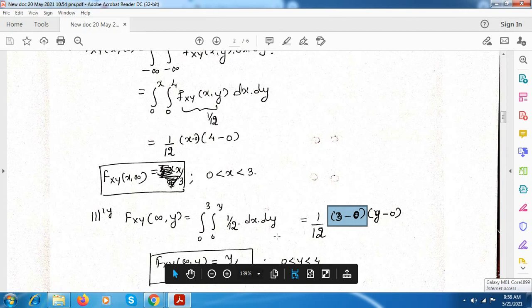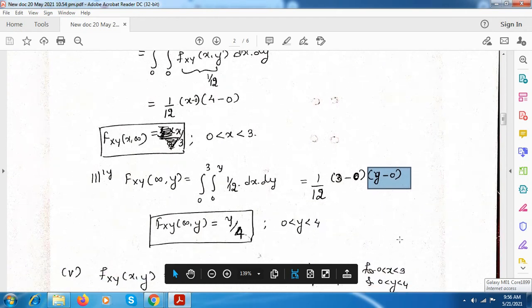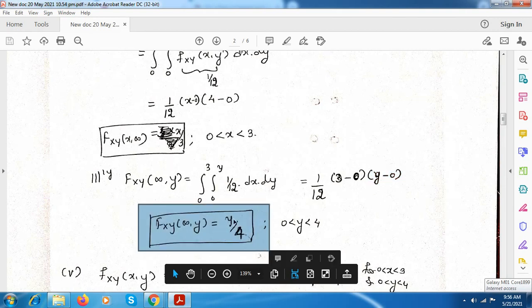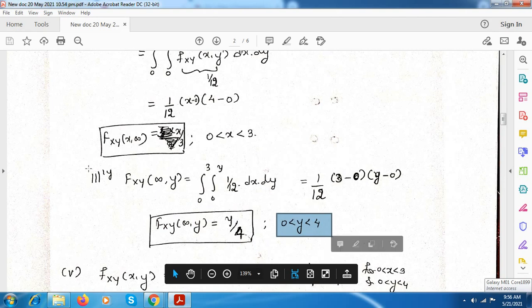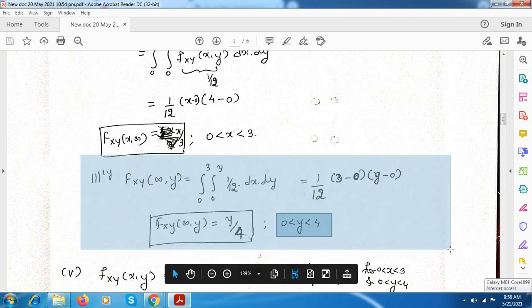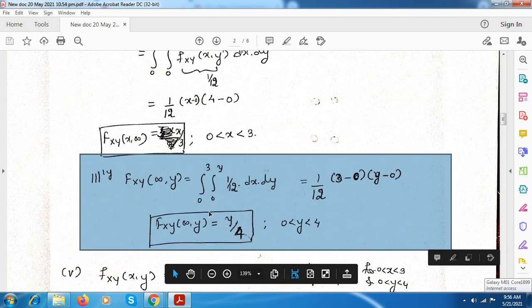And if you integrate with respect to y, you get y minus 0, since the upper limit is y and the lower limit is 0. So you get 3y divided by 12, which is nothing but y by 4. And here the y value varies from 0 to 4. Take down this also. Just verify your answer.